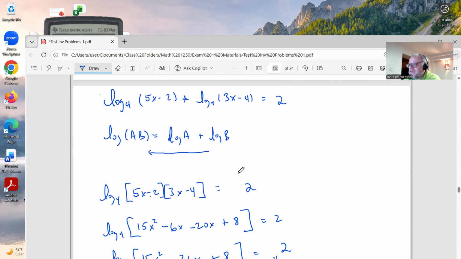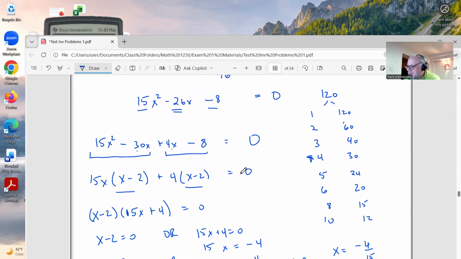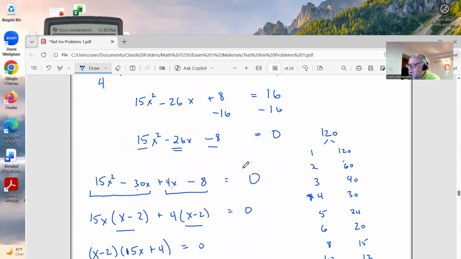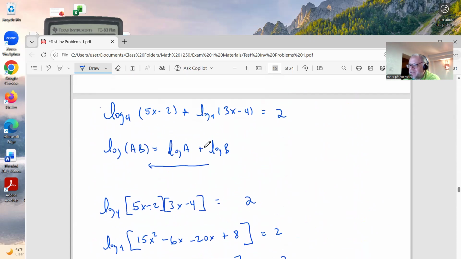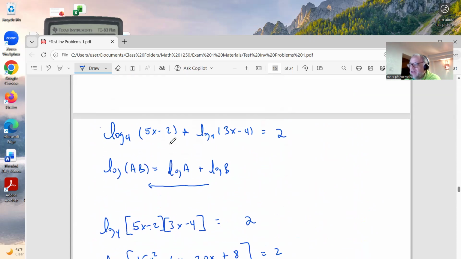So if I go through and I say, well, if x is equal to 2, does that work? And if I plug it back into the original equation, is it okay? So if I plug in x equals 2, I have 5 times 2 is 10. 10 minus 2 is 8. So I have log base 4 of 8. That's positive. Plus log base 4. Again, we were on x equals 2, right?